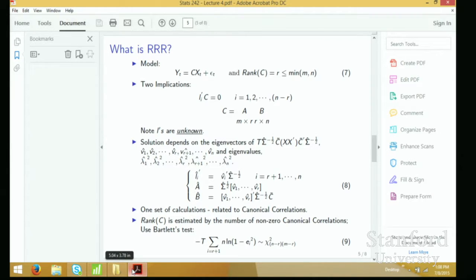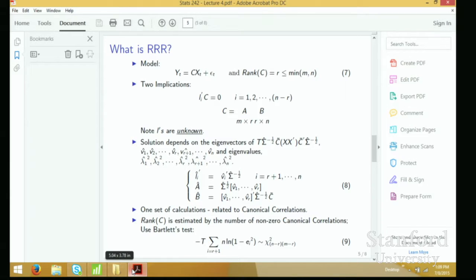The flip side is that you can take that matrix C and decompose it into two parts, A and B, where A is an m by R matrix and B is an R by n matrix. And these are not known to you, you have to estimate them from the data.